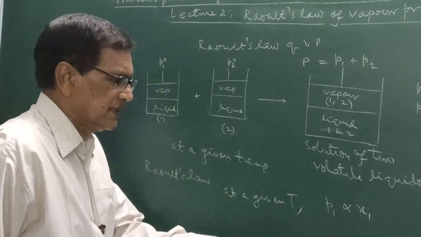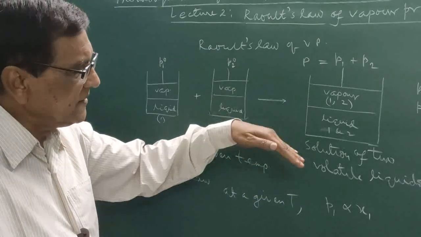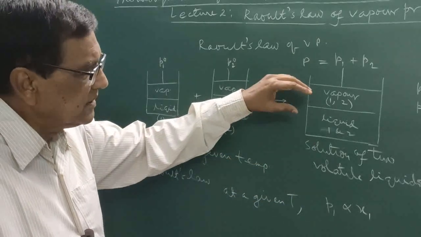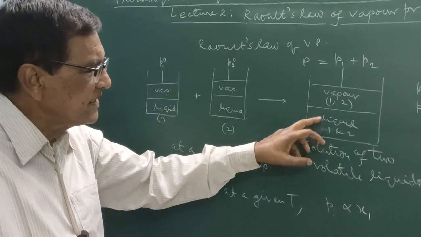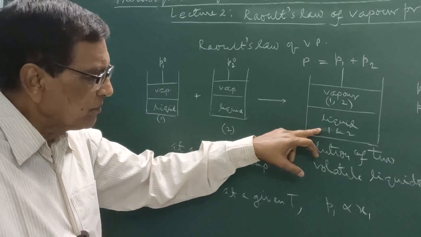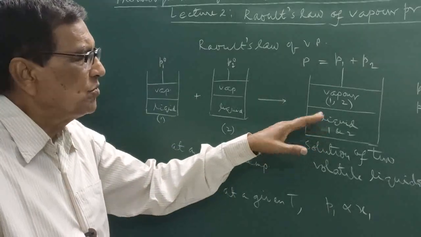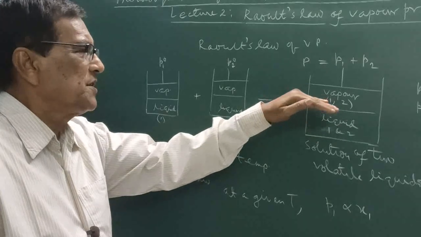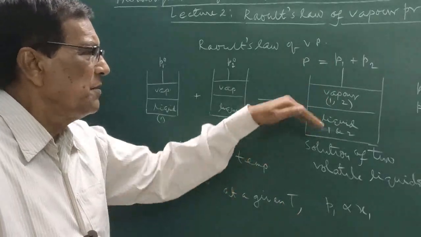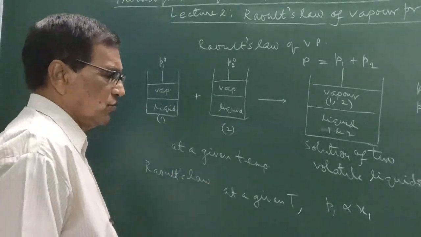X1 is the mole fraction of the first component in the liquid phase. As there is more and more mole fraction of the first component in the liquid phase, the chemical potential of the first component in the liquid phase is also more, and so more escaping tendency to the vapor, and vapor pressure is also increased. More evaporation and more vapor pressure is found.